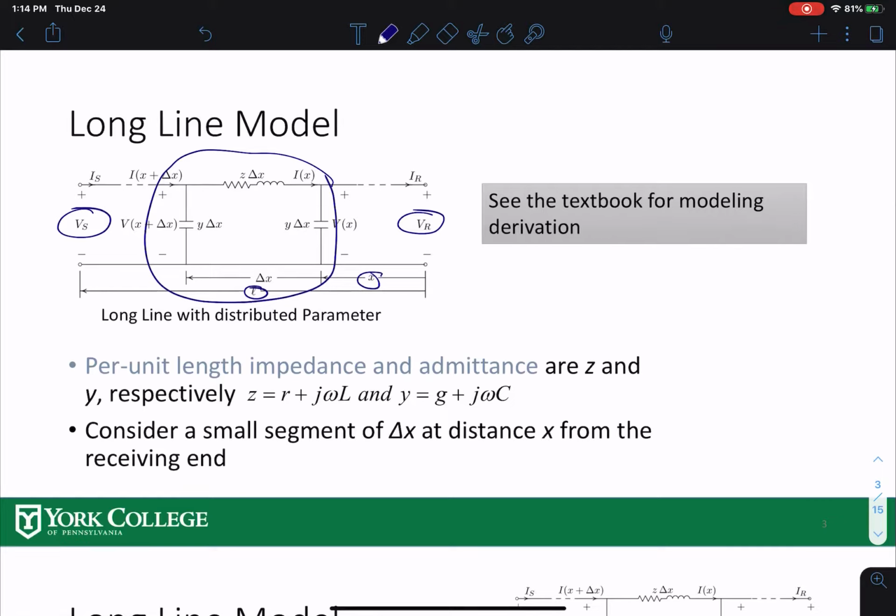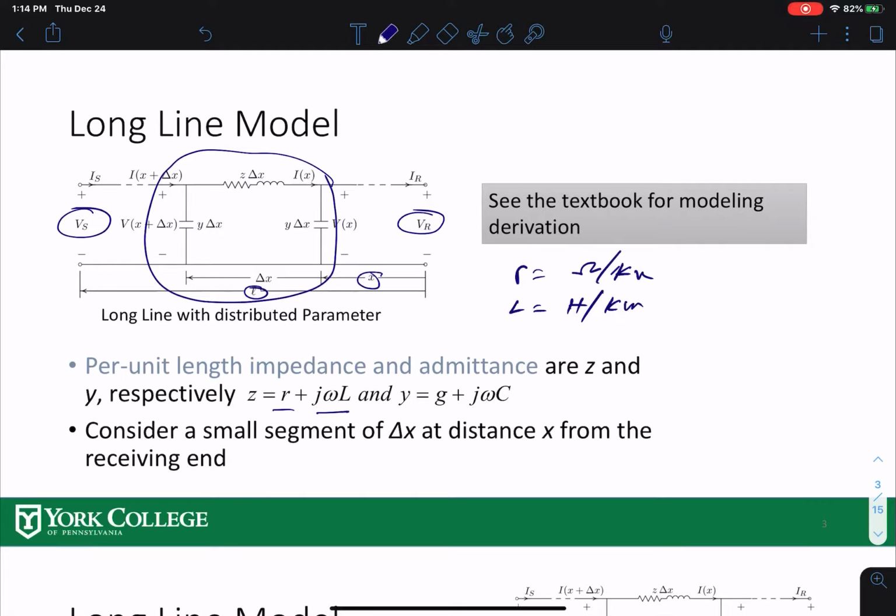Over here, your small letter z is r plus j omega L. So what is r here? R is the resistance value in ohms per kilometer. L is in Henry per kilometer.